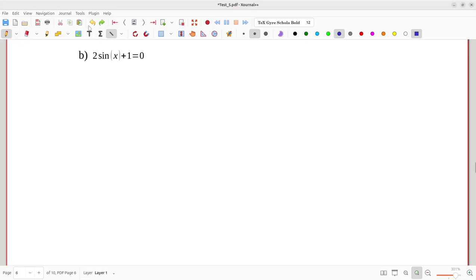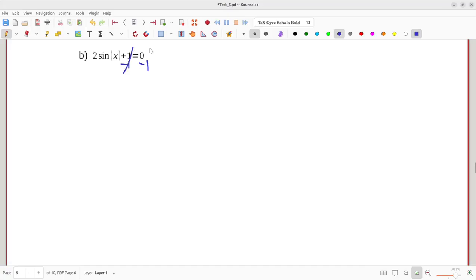First things first, subtract 1 on both sides of the equation. So you are going to have something like -1 here, and then -1 also this side. Then this -1, this is gone.